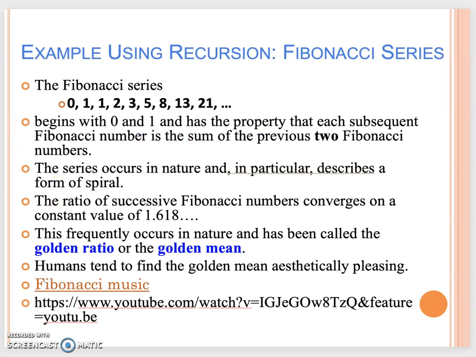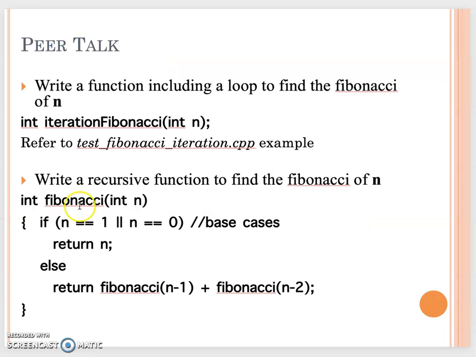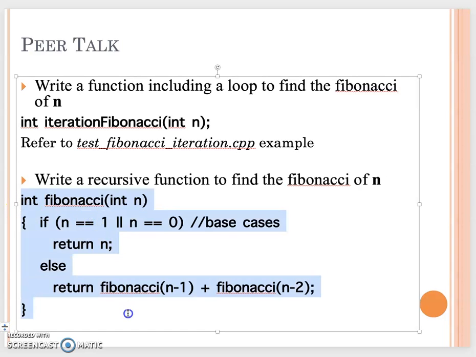So here we have Fibonacci 0 equal to 0 and Fibonacci 1 equal to 1. They are our base cases. Any other Fibonacci number is equal to the sum of the previous two numbers. Because of this characteristic, we can quickly implement our Fibonacci recursion function like this.